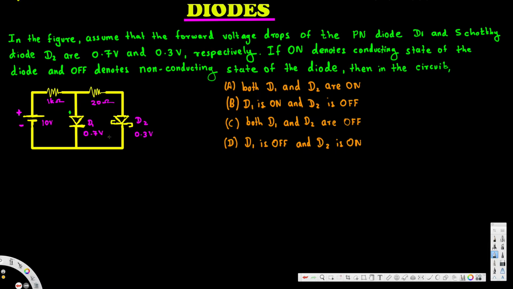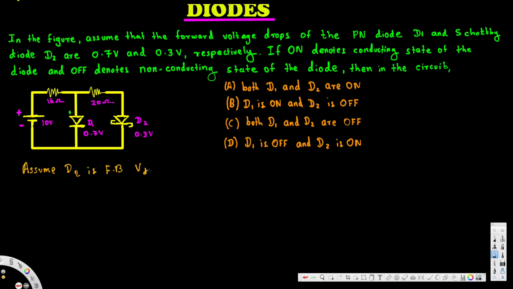Now always we have to look at the lowest cut-in voltage of the diode. If you look at this one, D2 has the lowest cut-in voltage, so this is the one that's going to turn on first. So we have to assume that D2 is in forward bias. If it turns on, it's forward bias.